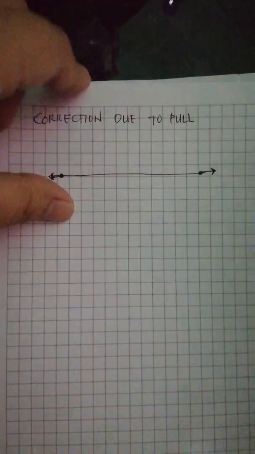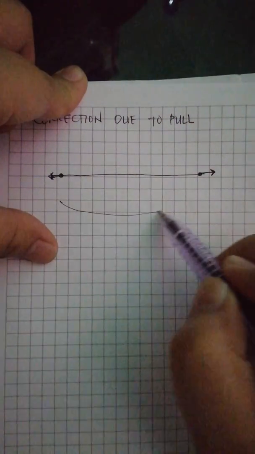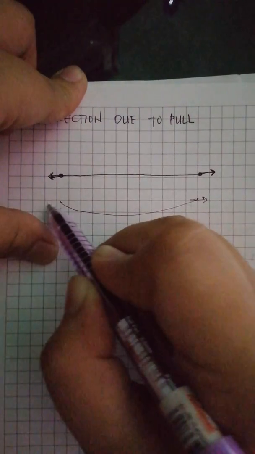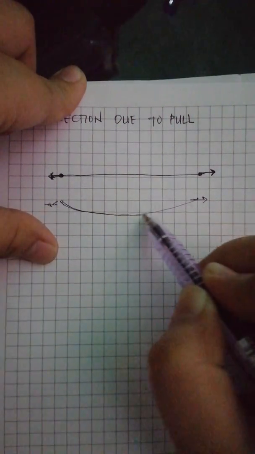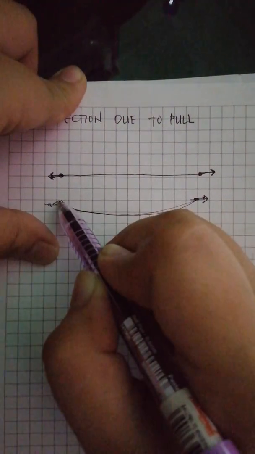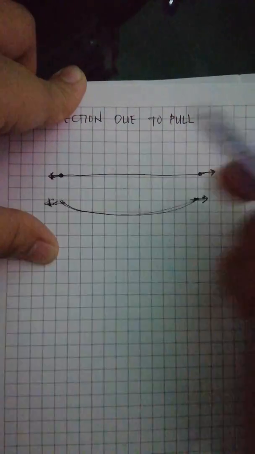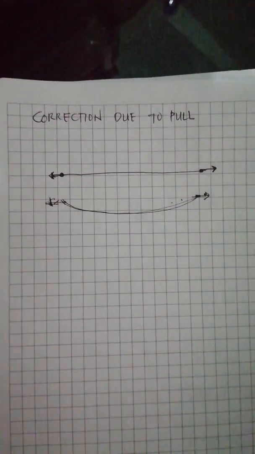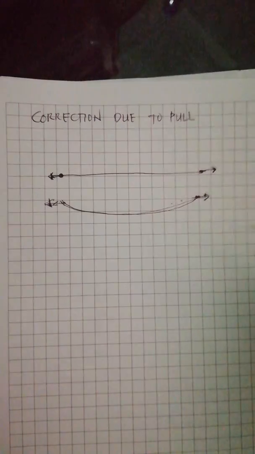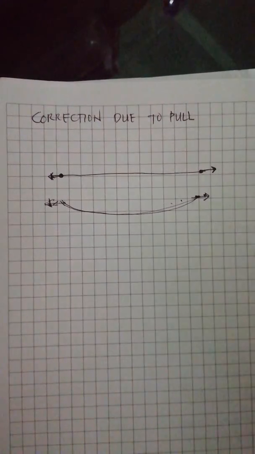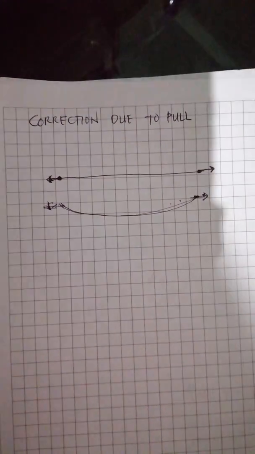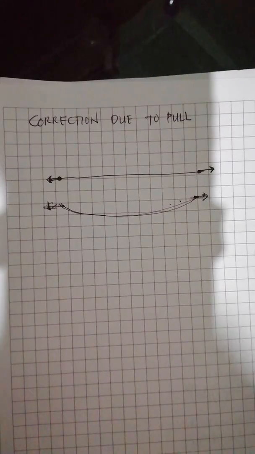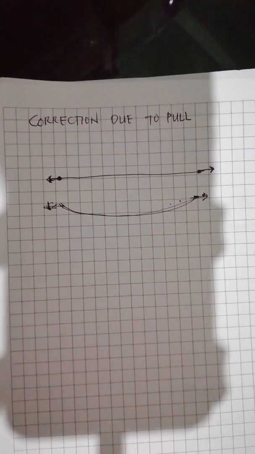Tapos, pag kulang ang pull, medyo ang mangyari is that magsag siya. So, it also contributes to the error in the tape. So, dapat, tama lang ang pull para yung length ng tape will not be incorrect.